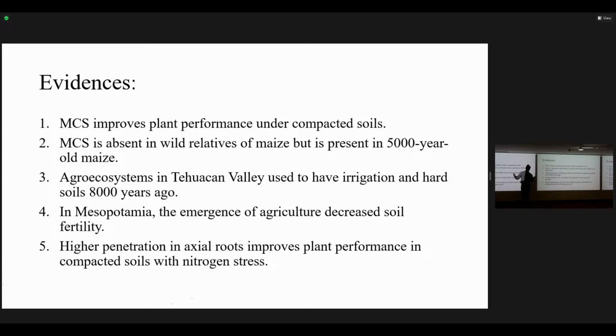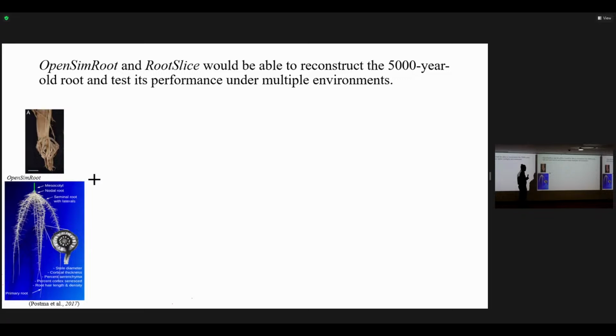So all this evidence, we are just going to put it together to test if the MCS of the ancient root 5,000 years ago was actually important for the establishment of Mesoamerican agriculture, or agriculture in the Tehuacan Valley. So the good part is that we have the architecture phenotype of the ancient root, and we can recreate what the root architecture of this root system would be in the model OpenSimRoot.